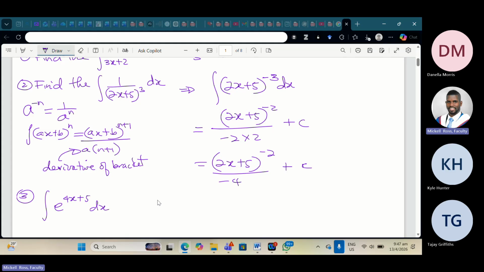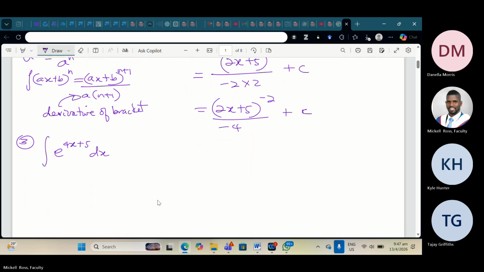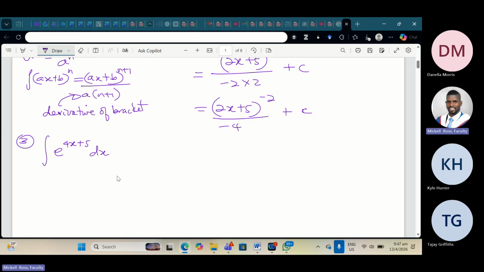Now, based on the rule that we looked at earlier, this is again an exponential function. So if we're integrating, what we're going to have is 1 over the derivative of the power, which is going to be 4 times e to the 4x plus 5 plus c.